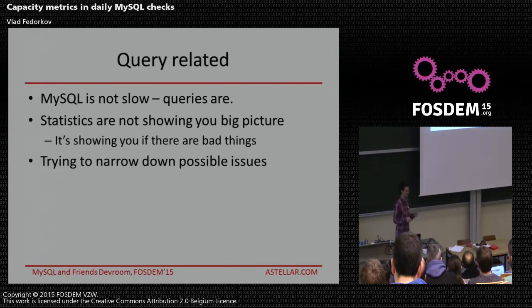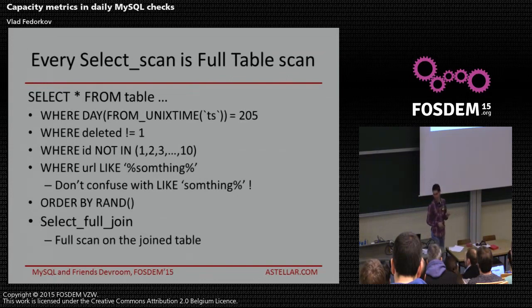For the queries, you can narrow down the issue pretty much instantly, and it will give you a lot of information. Like the select scan metric on the MySQL side. If you see that number per second is not zero, this is probably the main risk for your MySQL server, because this is a full table scan.